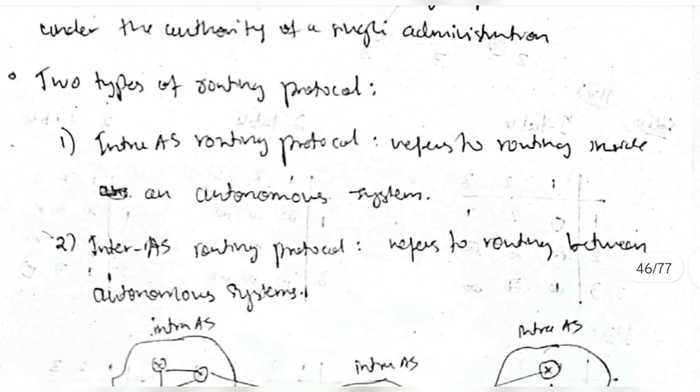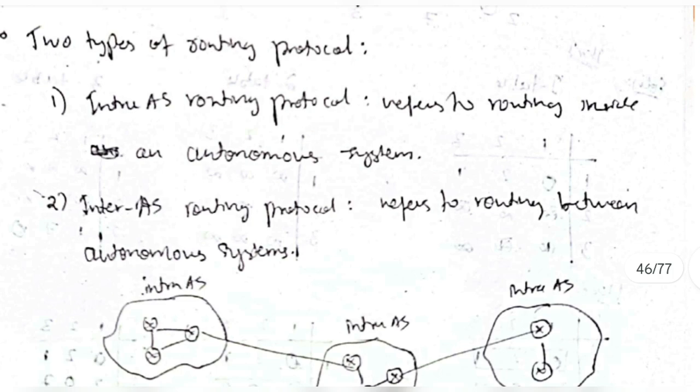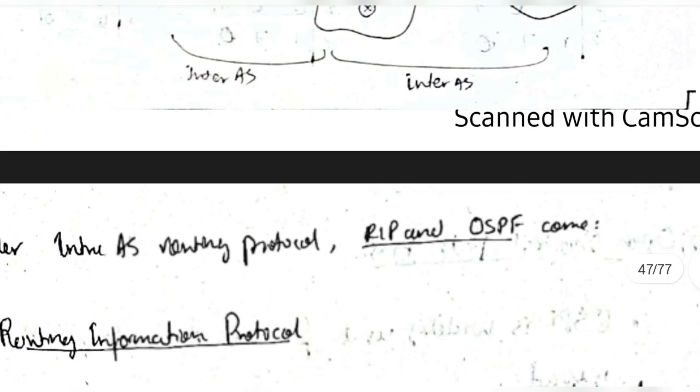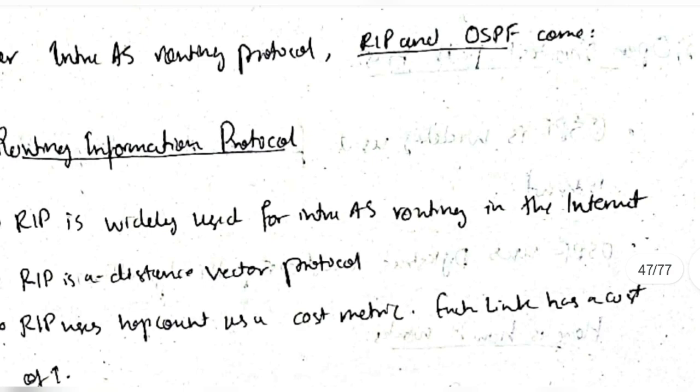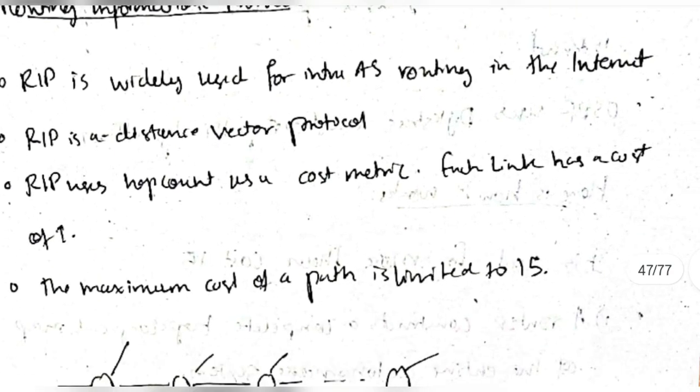There are two routing protocols in intra AS: the routing information protocol and open shortest path first. In the routing information protocol, the maximum is 15, meaning 15 hops will be there. Each link has a cost of 1.